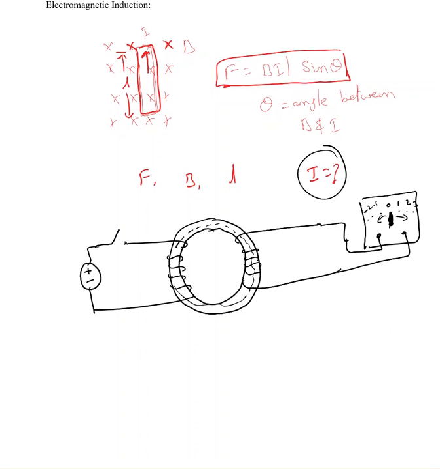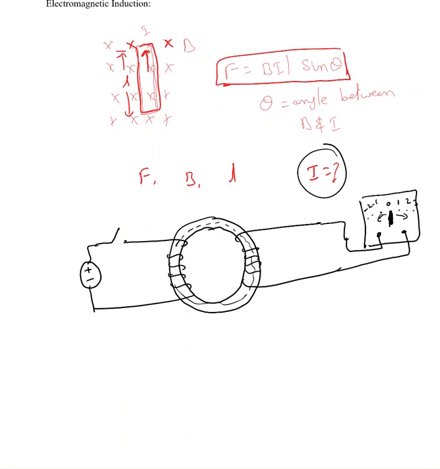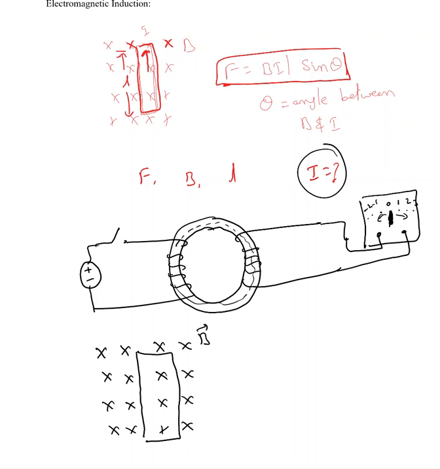Now let me find out how a current is going to pass through a conductor. Here is a magnetic field going into the screen, that is B. Now here is an L length conductor. This conductor already has lots of free electrons moving around inside it.